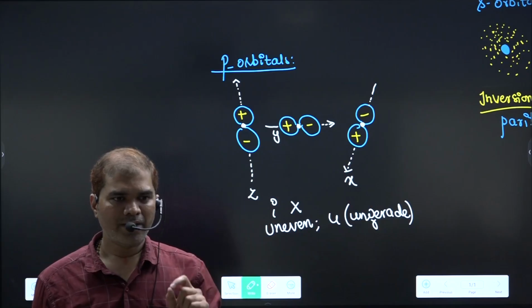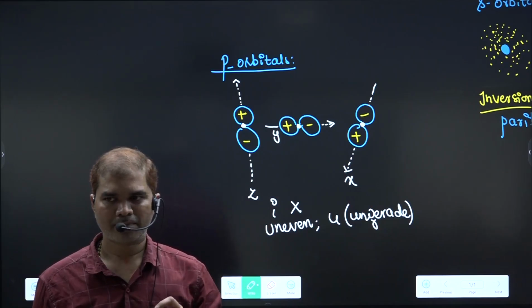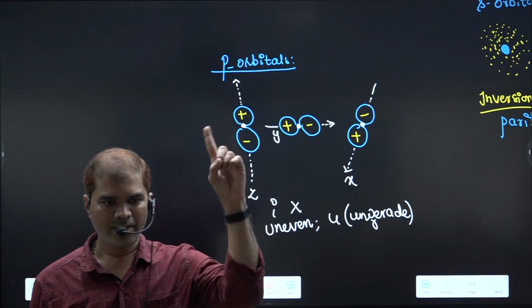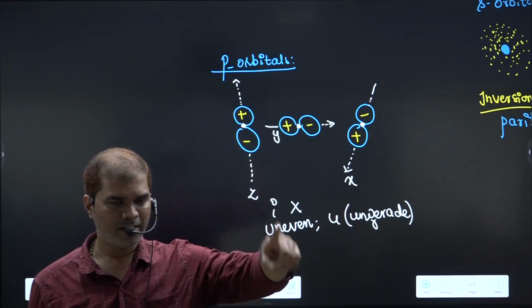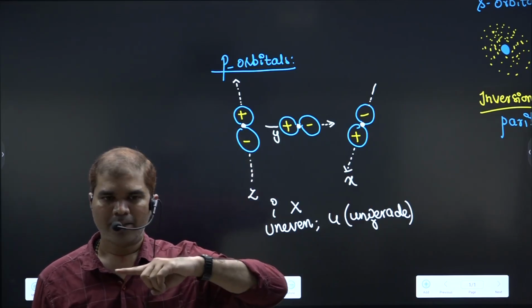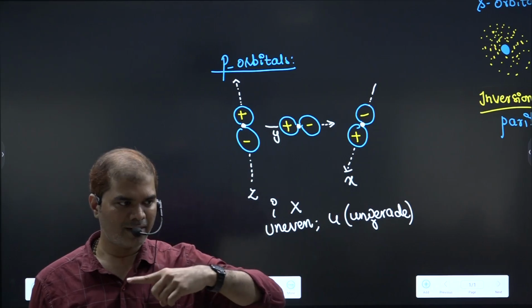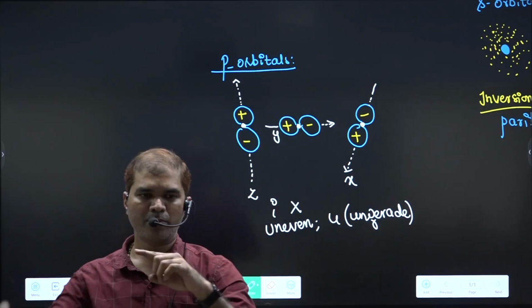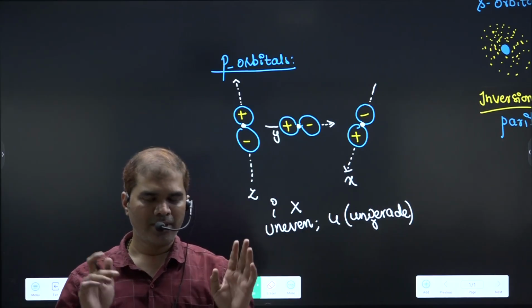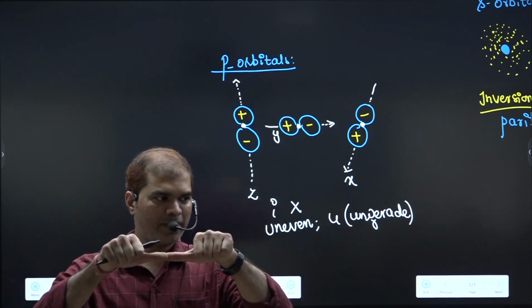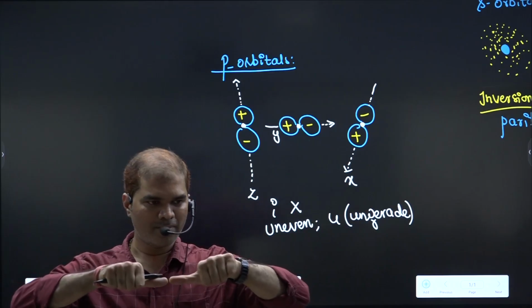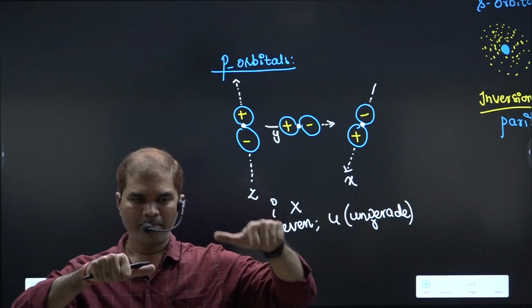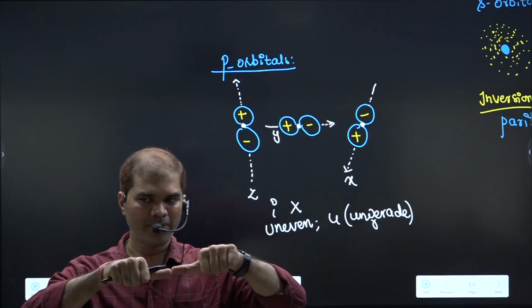I said conventional axis. What do you mean by it? Conventionally this is taken as z, x, y. Suppose I want to take this as z. Can I take it? If you go to lower level textbooks, even in some degree textbooks, if two pz orbitals are combining to form a sigma bond, then it is given as pz and pz combining to give sigma.